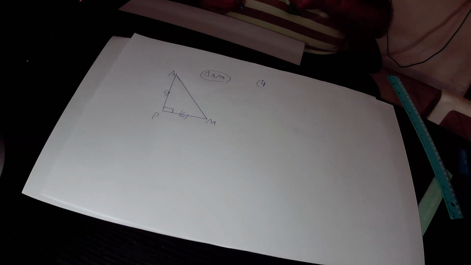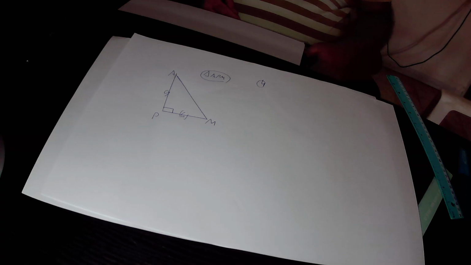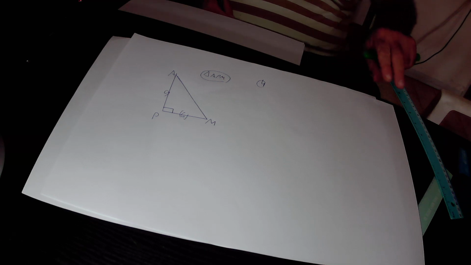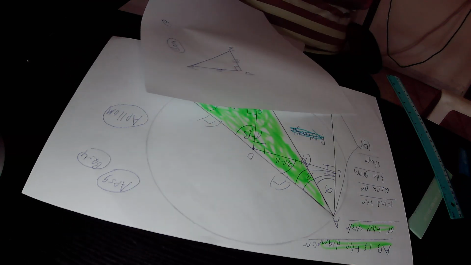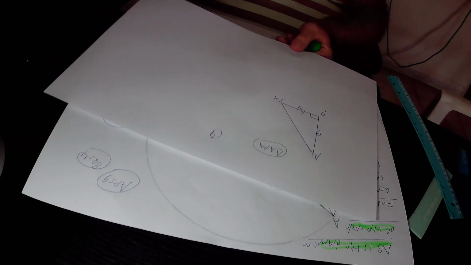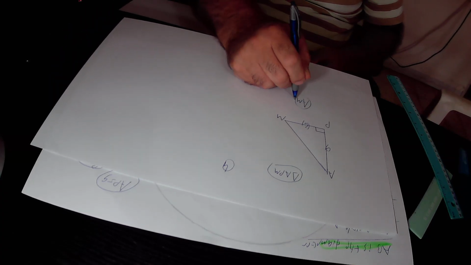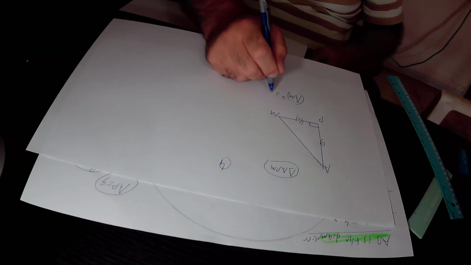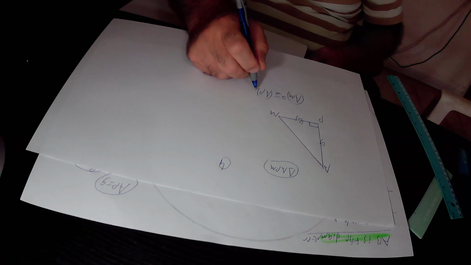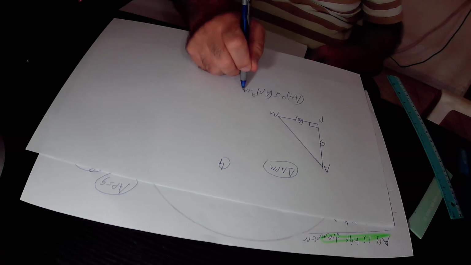So this is right triangle APM. AM squared, that is the square of the hypotenuse, equals AP squared plus PM squared.